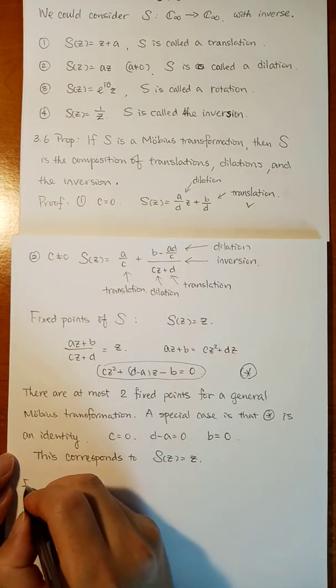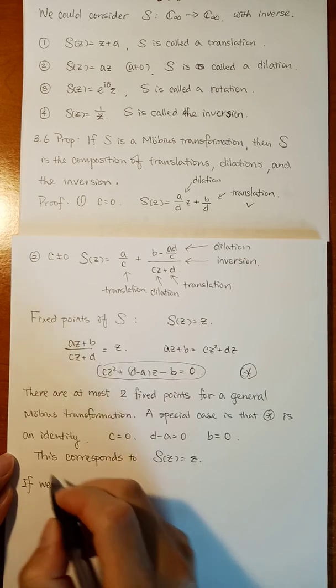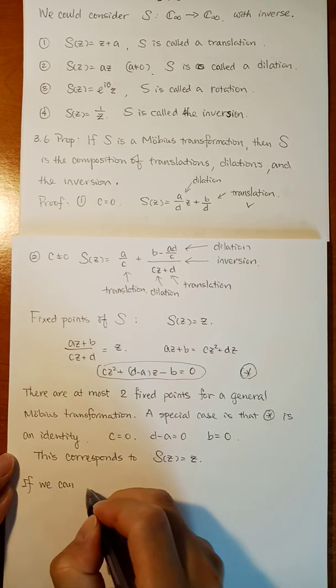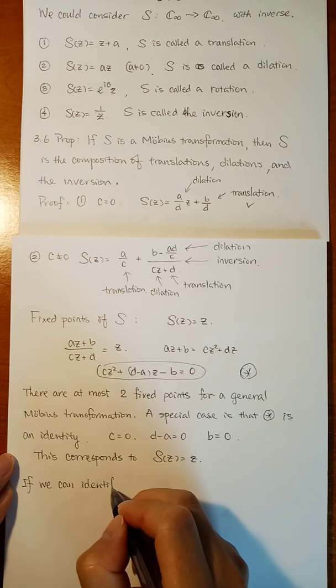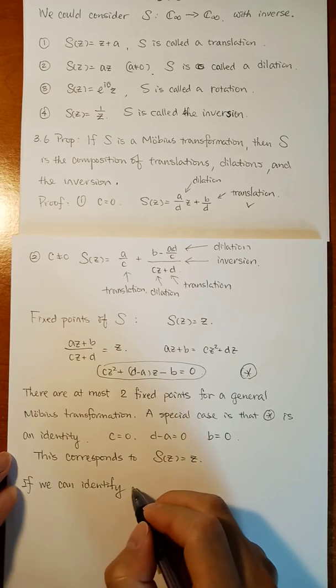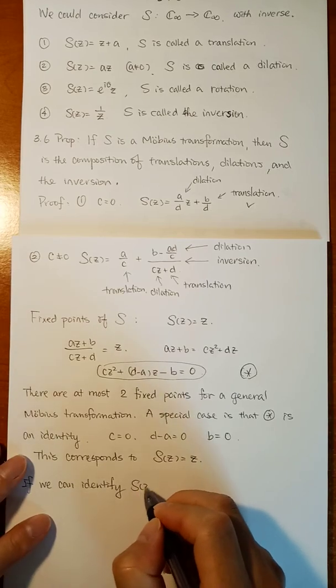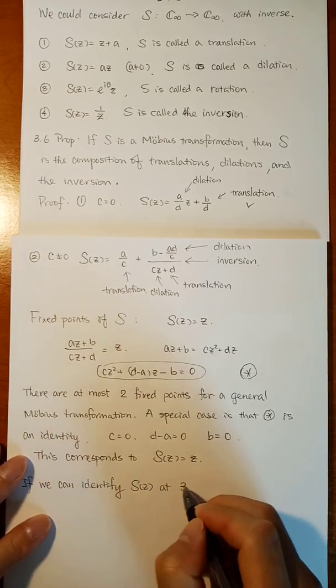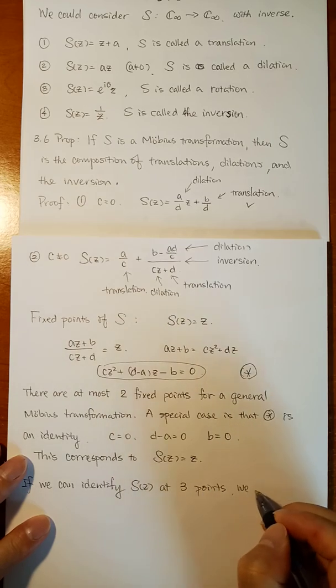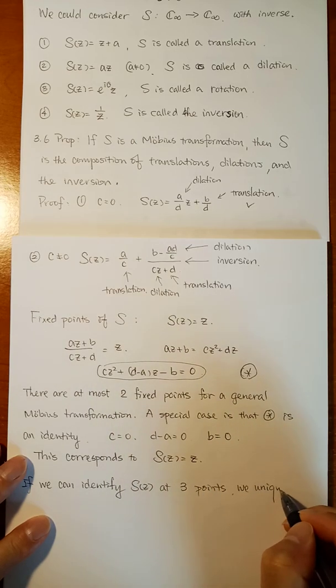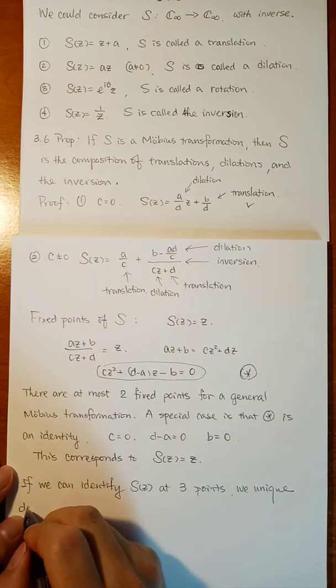So if we can identify S of Z at 3 points, we uniquely determine it.